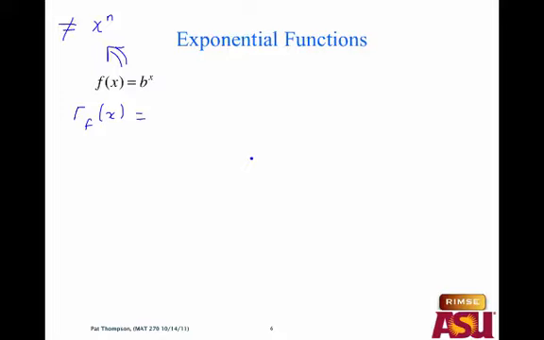Let's see who's on top of it. Josh, Kuzar, tell me, how do I get started if I wanted to derive a shortcut rule for the rate of change of b to the x?